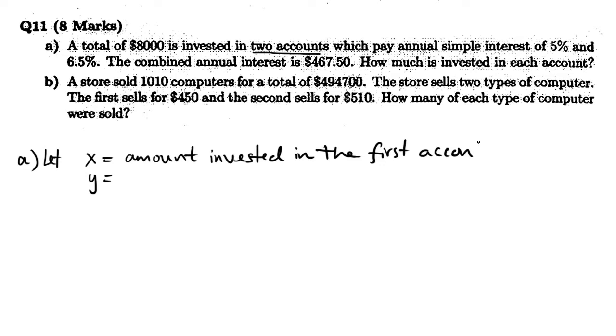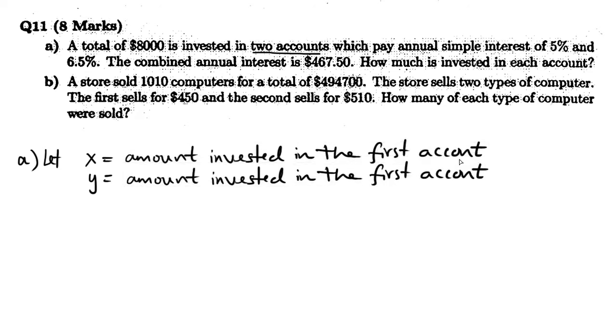And the second, obviously then, y is the amount invested in the second account. Let's put that here, and erase this and put second, okay?